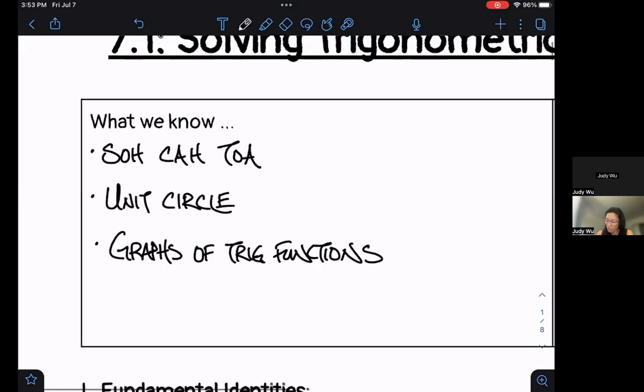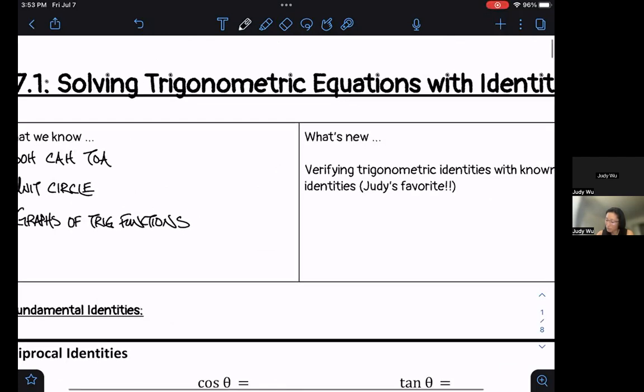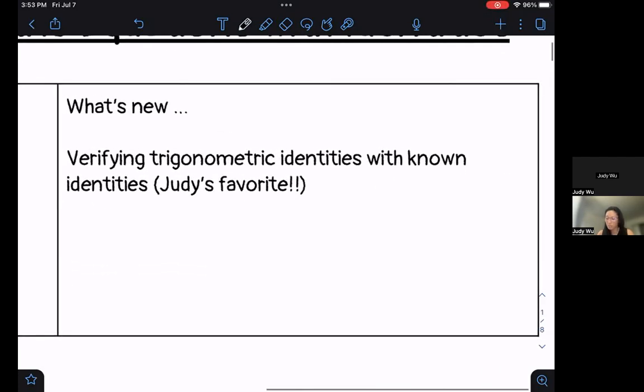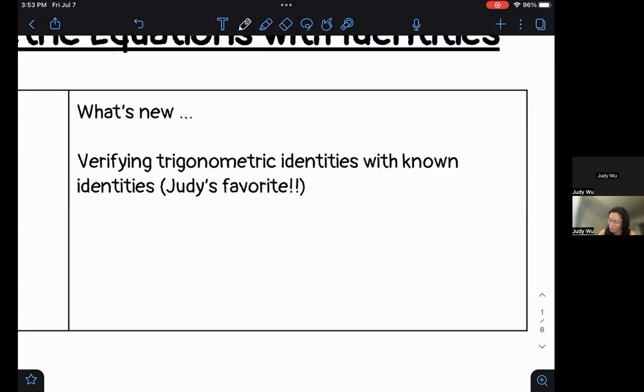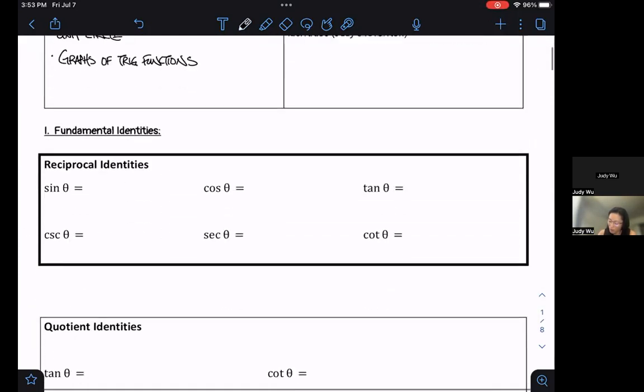What we're going to do that's new in this chapter is verifying trigonometric identities, using known identities, so identities that we already know or that we're about to learn. So what are identities?